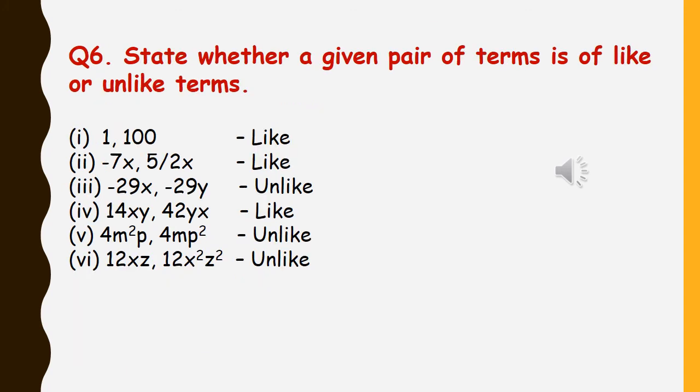Question number 6, state whether a given pair of terms is of like or unlike terms. That means whether the literal coefficients are same or not. 1 and 100, they are like terms. Minus 7x, 5 by 2x, they are like terms. Minus 29x, minus 29y, they are unlike terms because the variables are different.